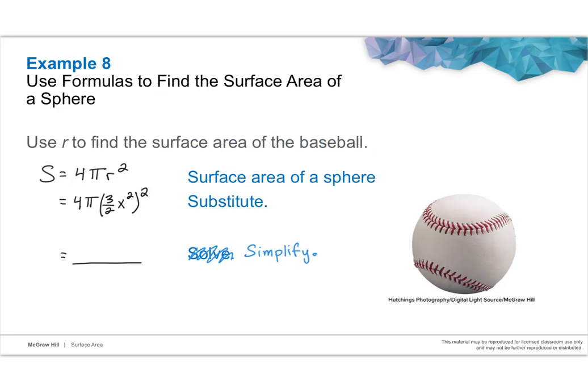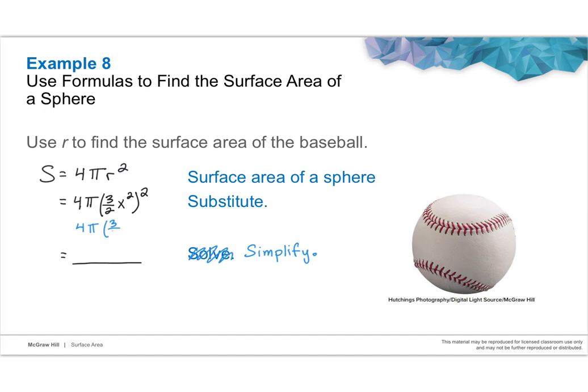Now that we have an expression for r, we can put that r expression into our surface area formula, 4 pi r squared. And we can do some simplification here to figure out a new formula in terms of pi and x. So remember, when I square an expression, it is like multiplying it times itself.